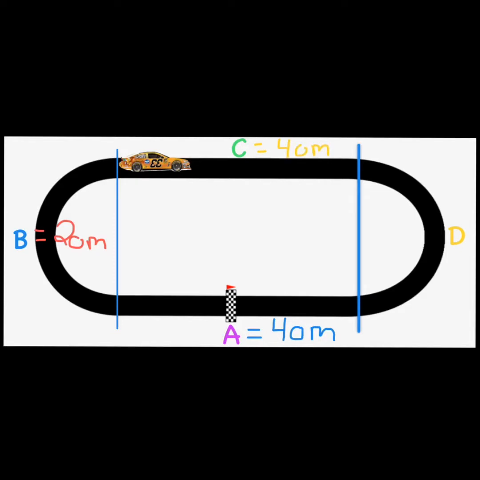So when the car goes around the track from here to here, the car has traveled a total distance of 40 meters from this blue line to this blue line.